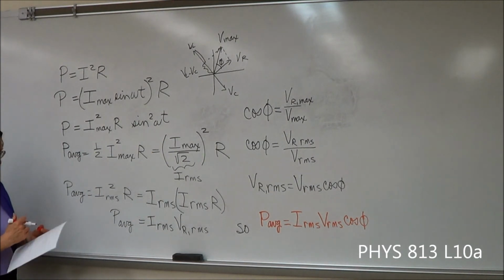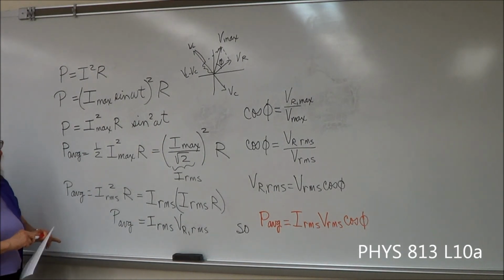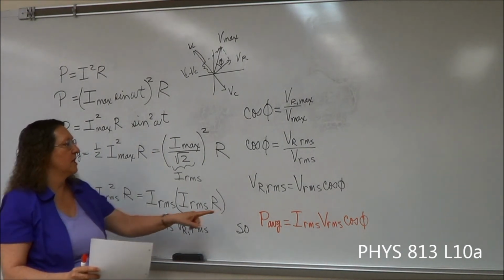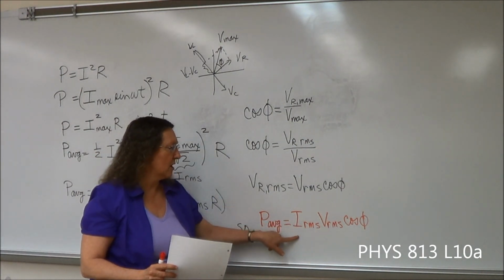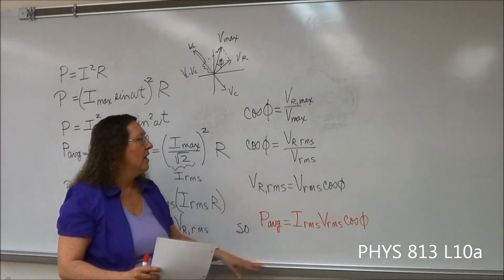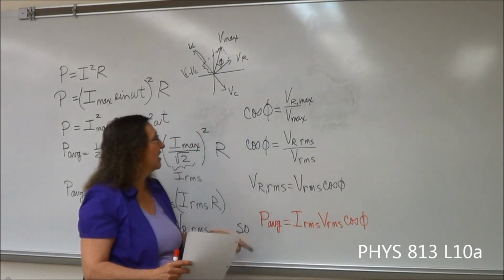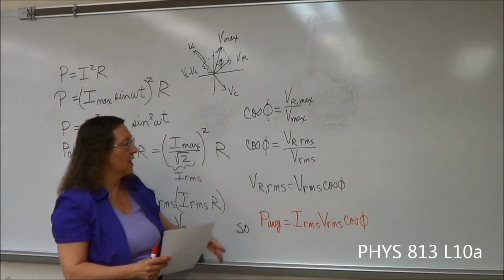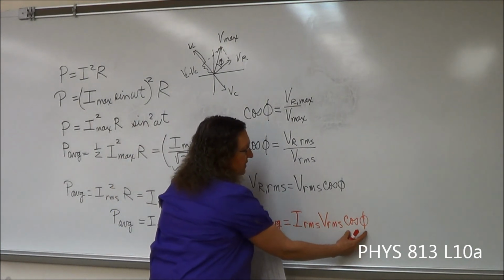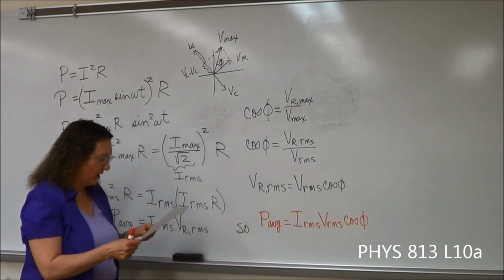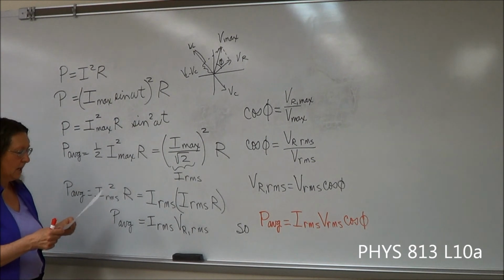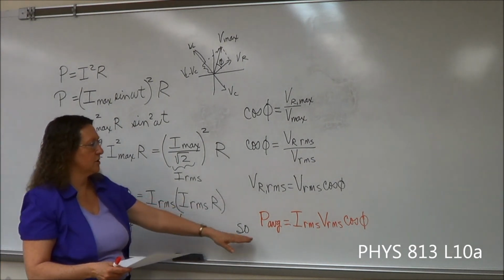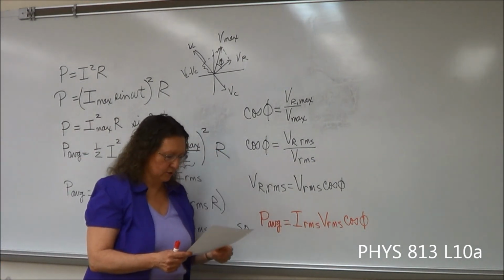So that's our average power in terms of the current and voltage RMS of the circuit, times the cosine of the phase angle. And this cosine of phi is called the power factor. This equation is power, and this is the power factor.